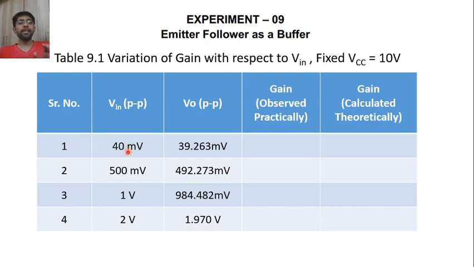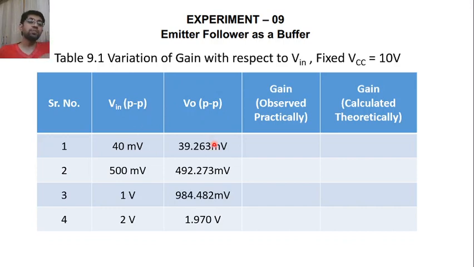For 40 millivolt, we are getting 39 point something. For 500 millivolt peak to peak, we are getting 492 point something. For 1 volt, it is 0.9 something, and for 2 volt, it is 1.97. Now you have to calculate this gain observed practically, which is nothing but output voltage peak to peak over input voltage.